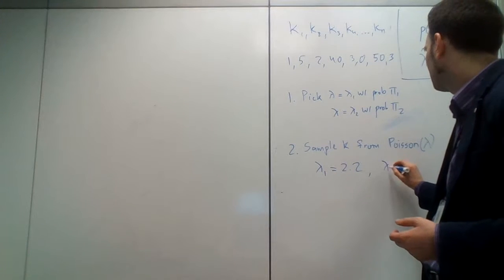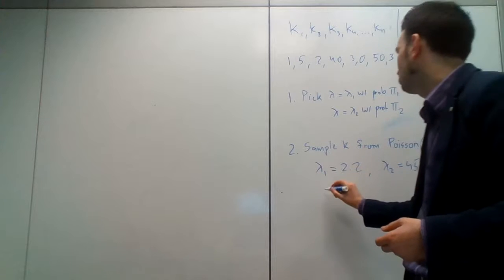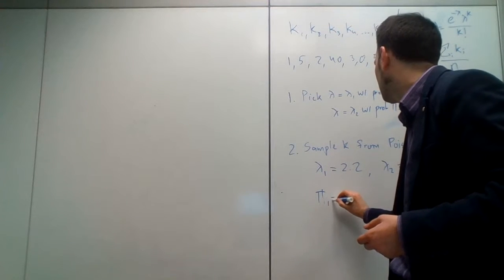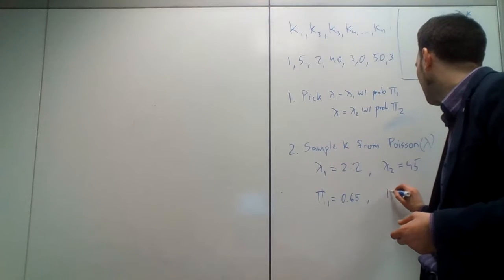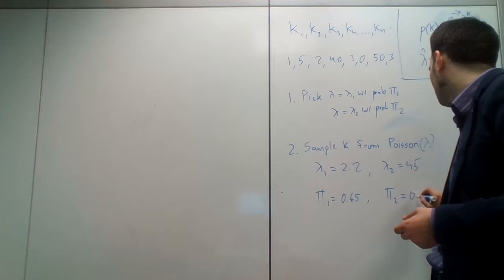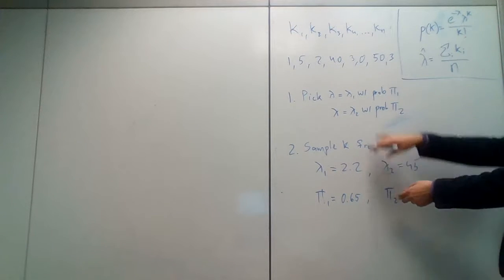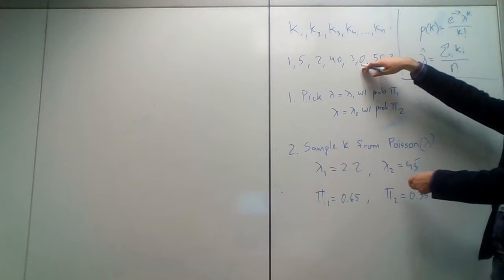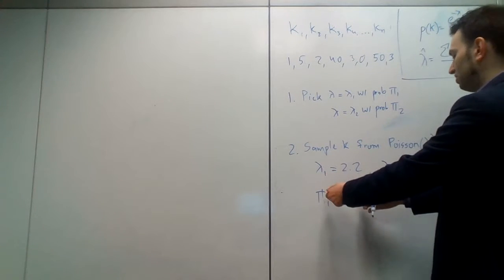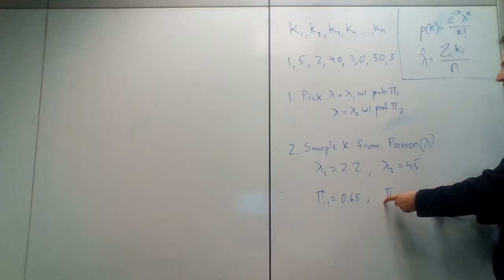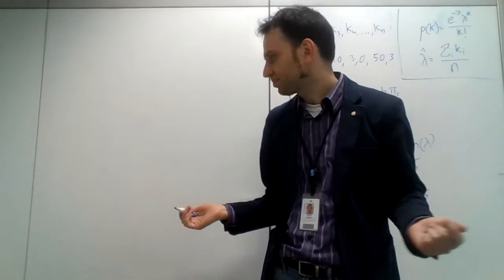Let's say lambda 2 is equal to 45. And there are more small numbers than big numbers, so maybe pi 1 is equal to 0.65, and pi 2 is equal to 0.35. For those parameters, this is a plausible data set, because you pick this guy with probability 65%, this guy with probability 35%, and you would generate something that looks like this.